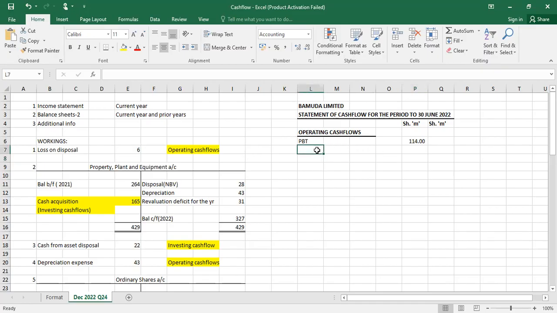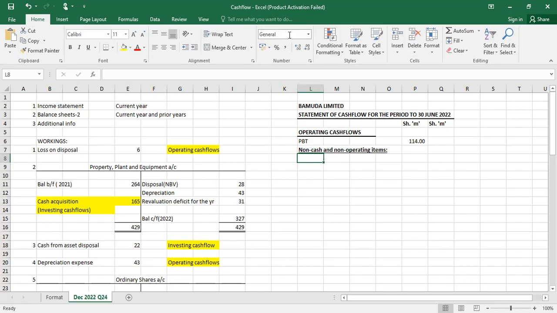So that we then proceed to adjust on this PBT for the non-cash and the non-operating items.